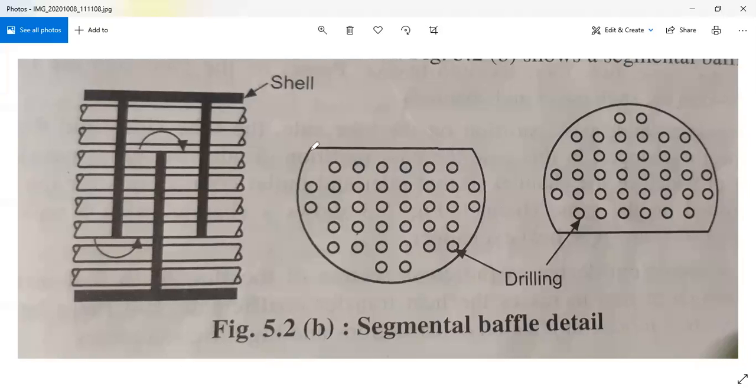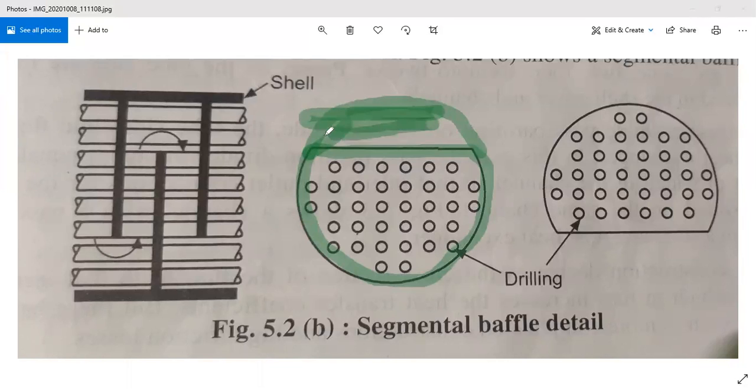So this is the baffle arrangement in a circular shape, and this circular part, that is a 25% circular part, is cut for guiding or providing the space for the shell side fluid, and that is why it is called a 25% cut segmental baffle or 75% segmental baffle.